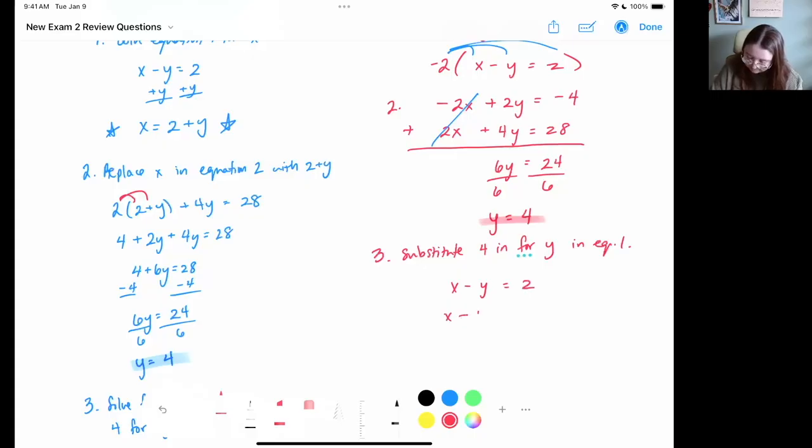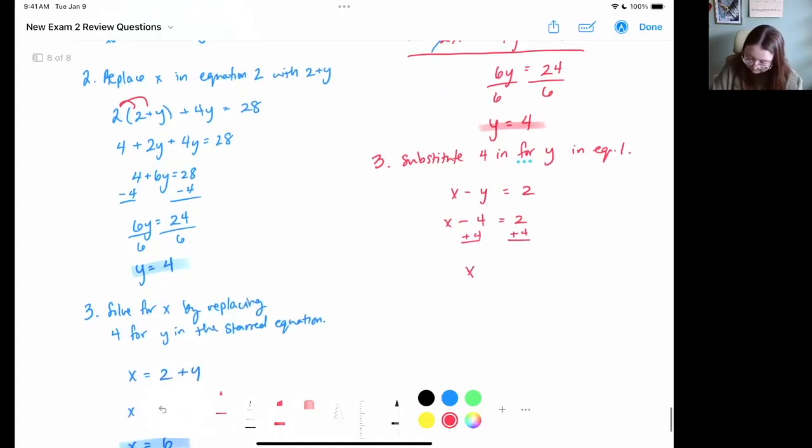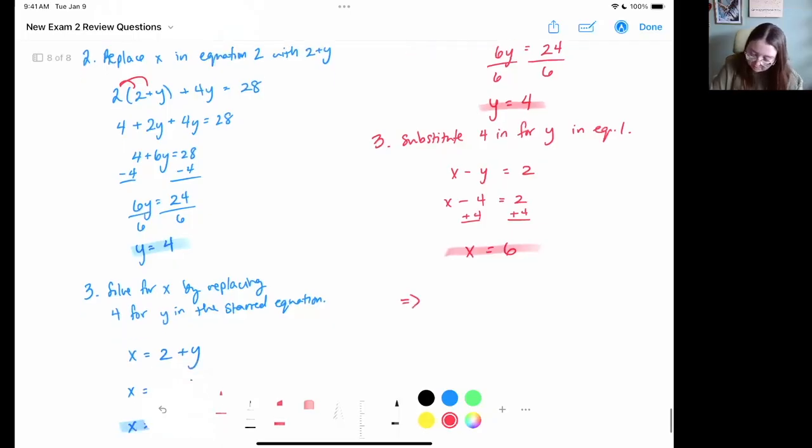So x minus 4 equals 2, so we add 4 to both sides to get x equals 6. And just like before, you want to write this as an ordered pair, so 6 comma 4 would be your answer.